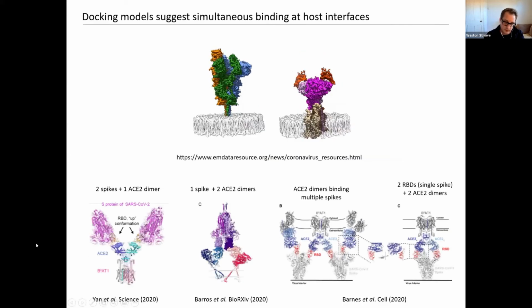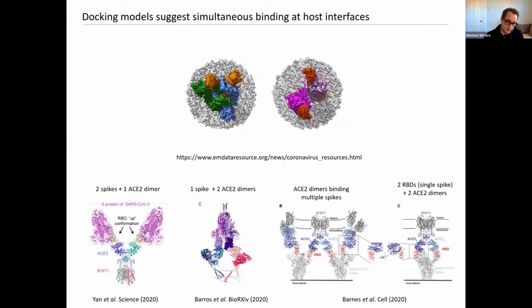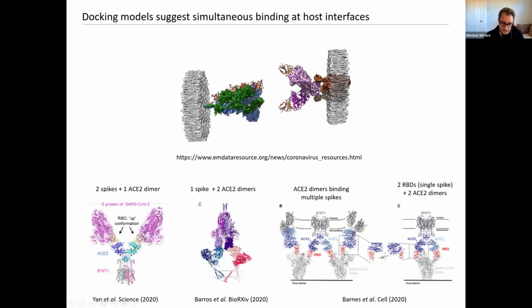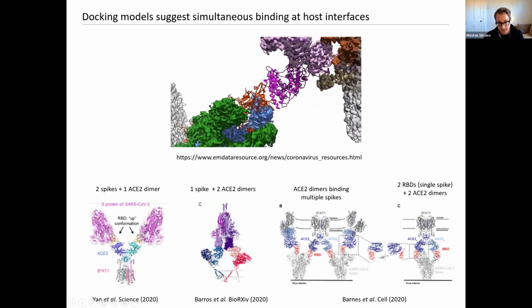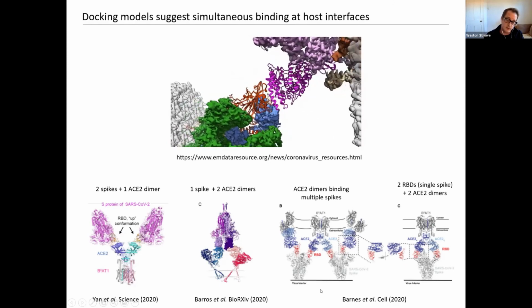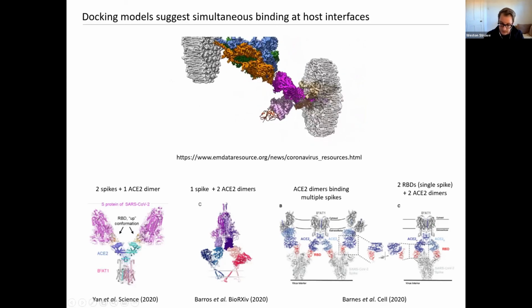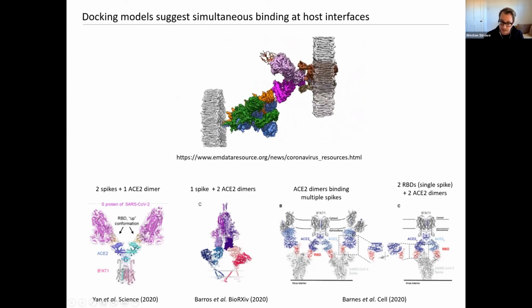But we were also interested in looking at the various models that have been proposed from these structures, whether it's an ACE2 dimer binding two different spikes separately, or a single spike interacting with two different ACE2 dimers, or the possibility for multiple interactions and some degree of cross-linking, whether through different RBDs on adjacent spikes, or a simple interaction between one ACE2 dimer and a single spike. We have increased avidity through each ACE2 monomer binding a single RBD on an individual spike.